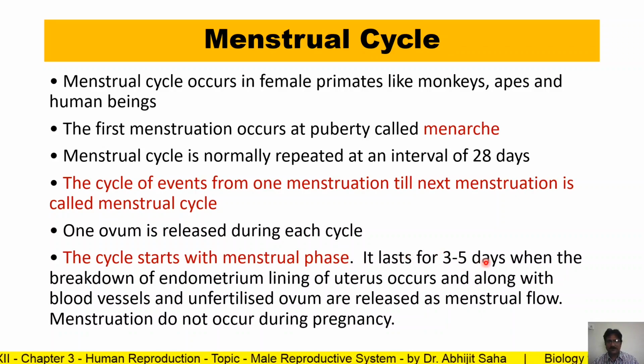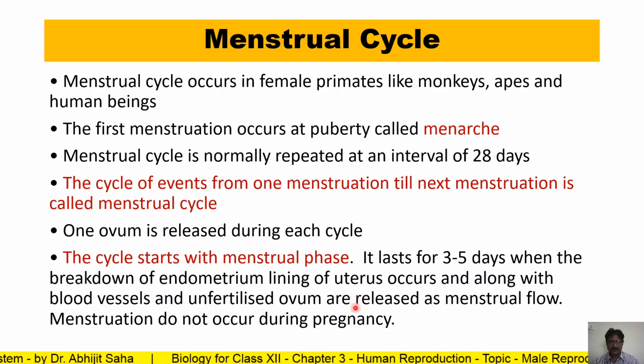It lasts for 3 to 5 days, where I was just discussing the importance of the endometrial wall. During this period, the endometrial wall breaks, and along with the blood vessels and the unfertilized ovum, they are released as menstrual flow.